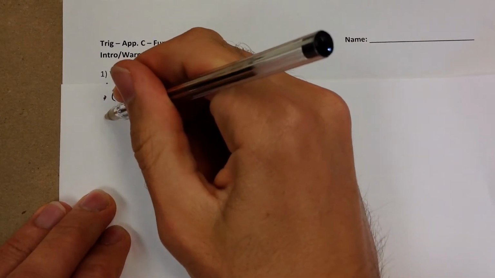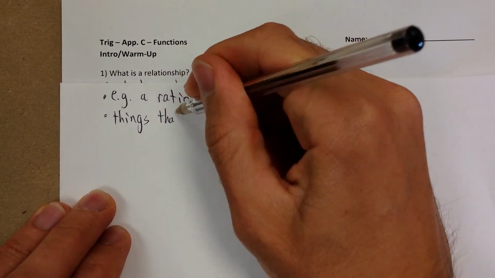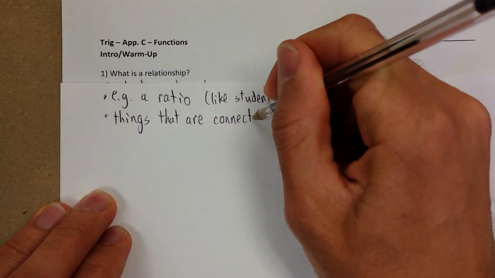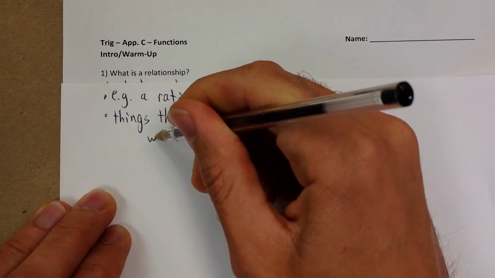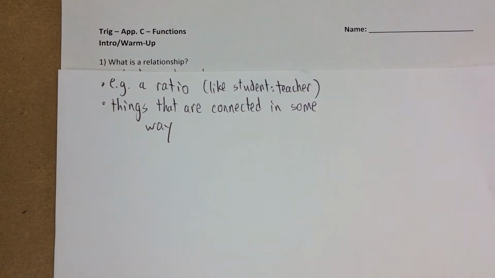And I'll just generalize it to things that are connected in some way. So you could have two people that are in a relationship. If somebody asks you to give emergency contact information, they often ask, what is that person's relationship to you? Father, mother, whatever. Okay? Good.